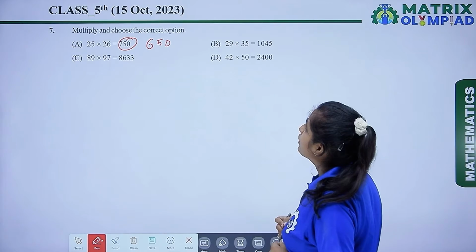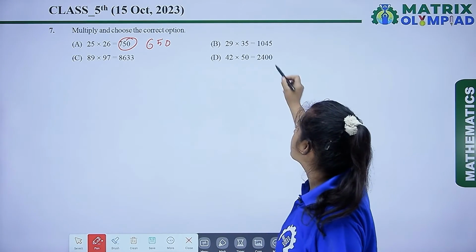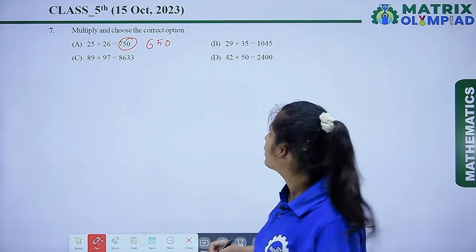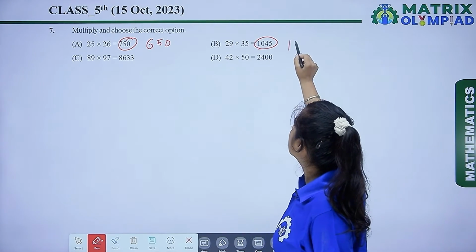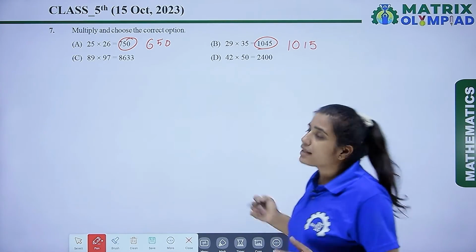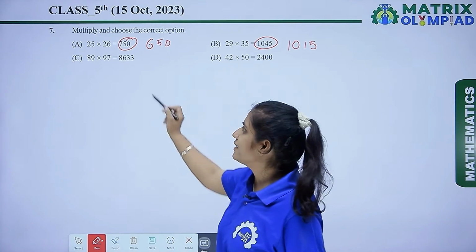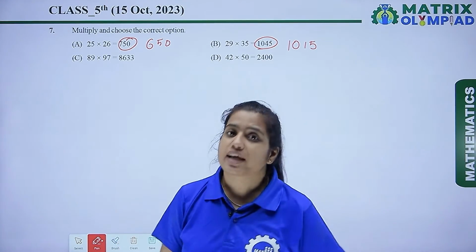Now in the next option it is 29 multiplied by 35 और ये आंसर देता है 1045 which is not a correct answer. So here after the multiplication what you will get, here the correct answer will be 1015. Next, in the C part, 89 multiplied by 97 gives us 8633, which is a correct answer.